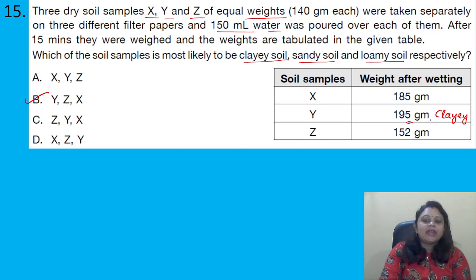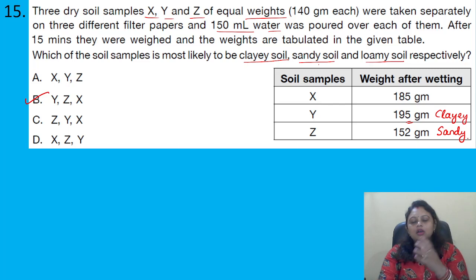And which one will be the sandy soil? That is Z, 152 gram. Why? Because sandy soil has less capacity to retain water. It can hold the least water.